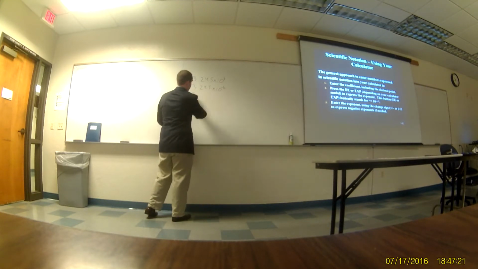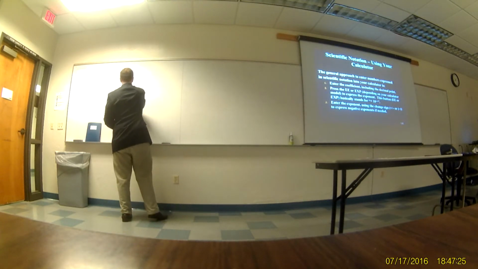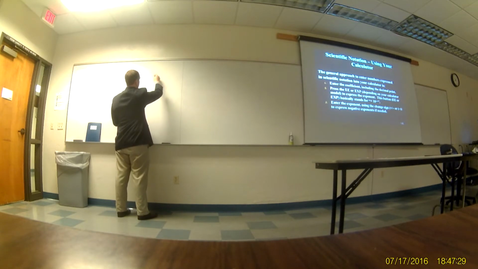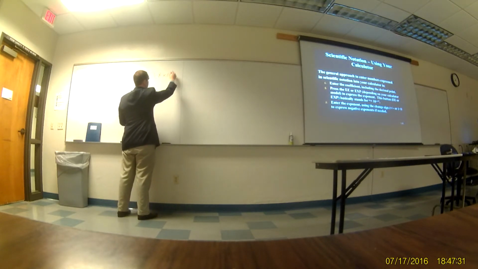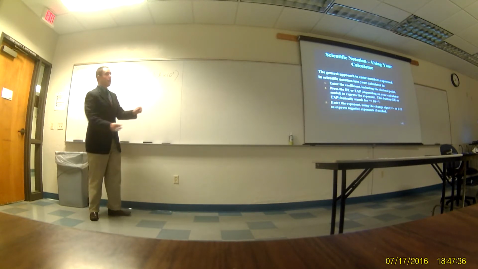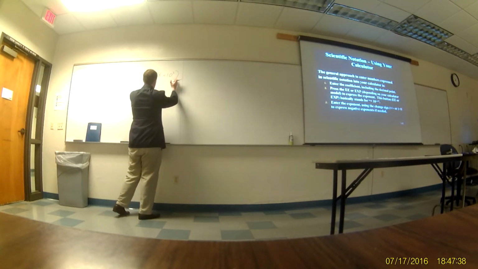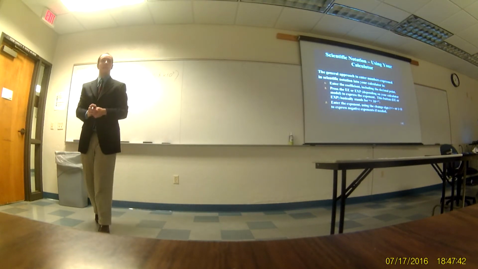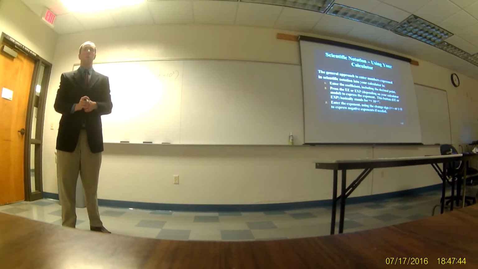The simplest way is to actually just put the whole thing in parentheses. Let's say you've got 3.8 times 10 to the third, something like that, okay? Put it in parentheses. If you do 3.8 times 10 to the third and you don't put that in parentheses, you're going to get all kinds of order of operation errors.